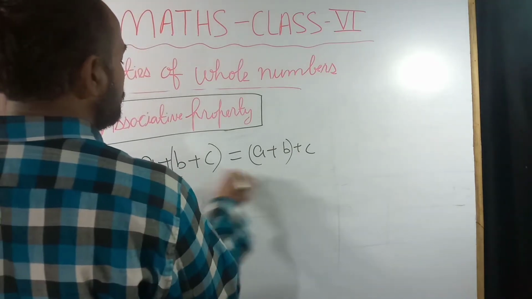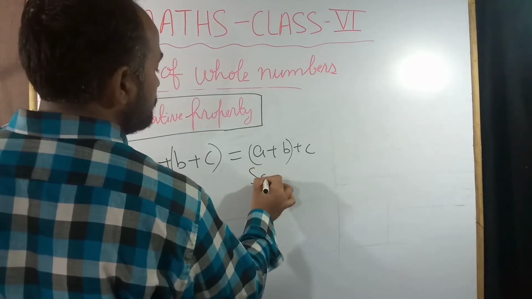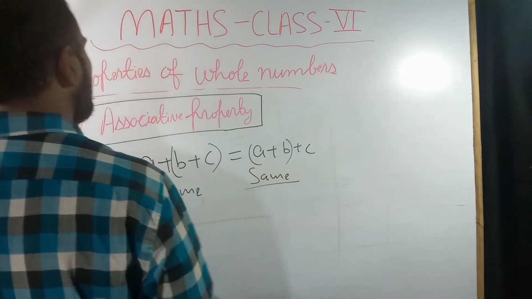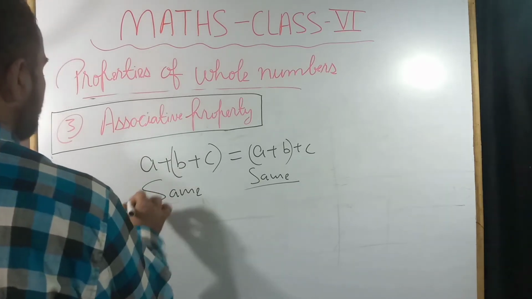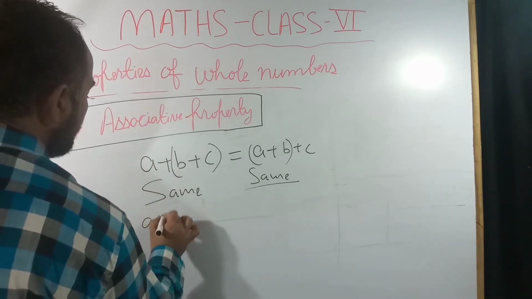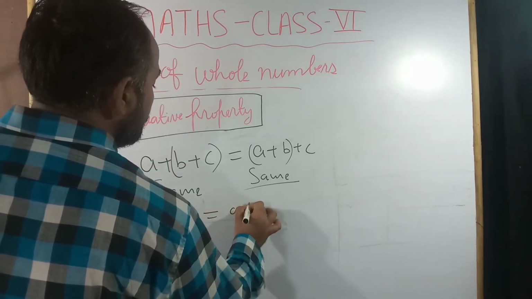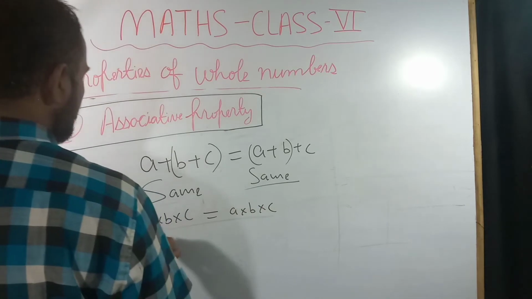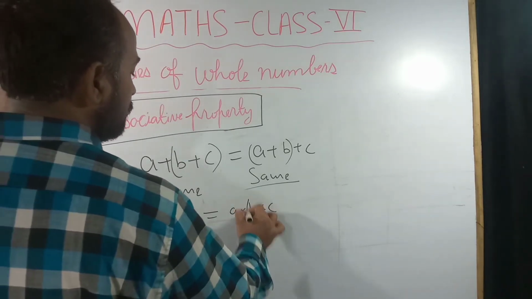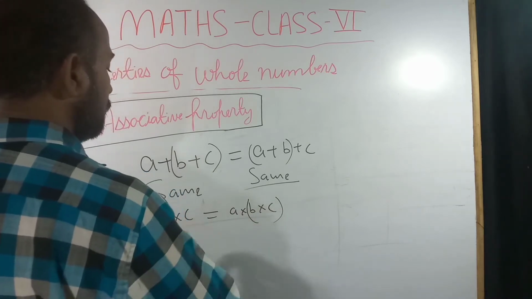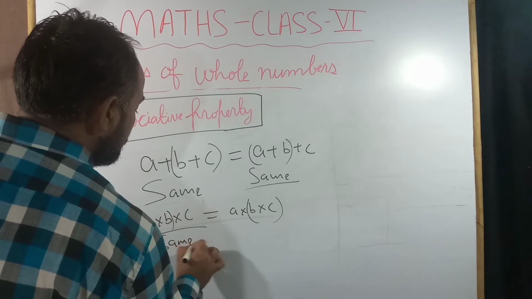In all the cases the answer will be the same. The same thing applies to multiplication. A multiply b multiply c: either you make a pair of a into b or b into c, but in all the cases the answer will be the same.